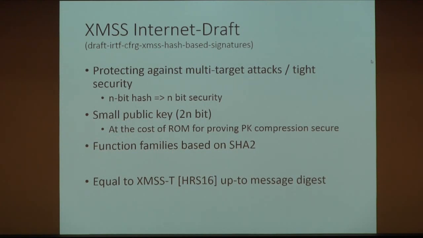So the multi-target attack issue is that in these hash-based signature schemes, you've got many targets, for example, on which you could invert to forge a signature. So there's not just a single target which you have to invert, but there are 2 to the 60 in some cases.